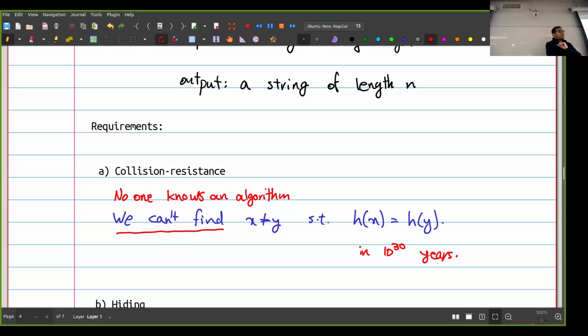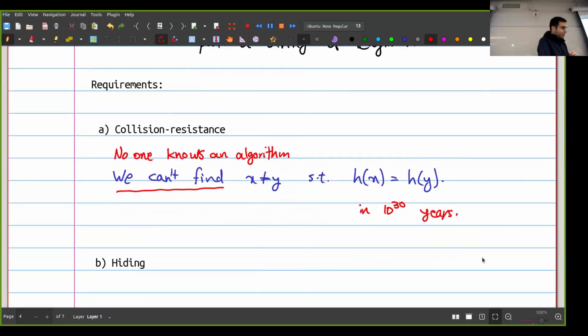But we also don't have any proof that no one can find the collision. Maybe someone can find the collision. It's just that people haven't been smart enough until now to do it. But for all practical purposes, this means that if I give you the hash of a number, I cannot change that number later on to something else that has the same hash. For all practical purposes.